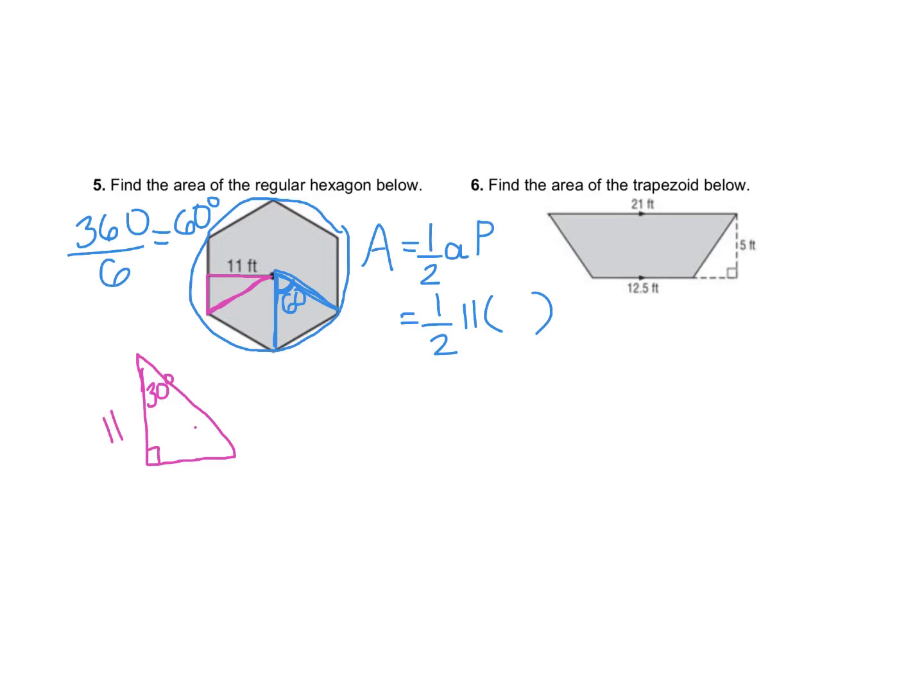Now the side that I'm given of 11, which is our apothem, is opposite from the 60 degree angle. And if we remember the special right triangle, 30, 60, 90, opposite from the 60 degree angle is going to be x times the square root of 3.